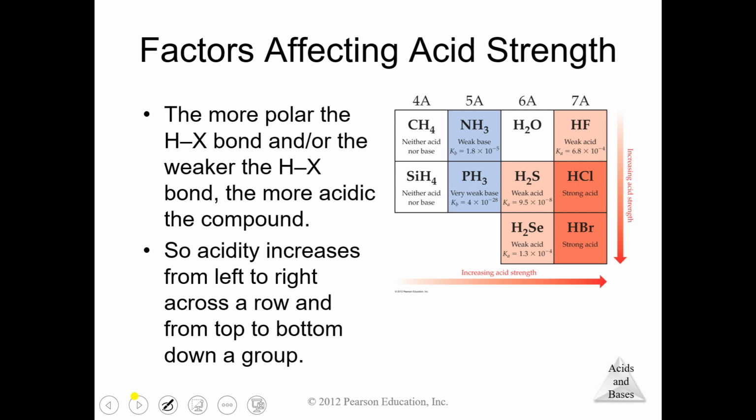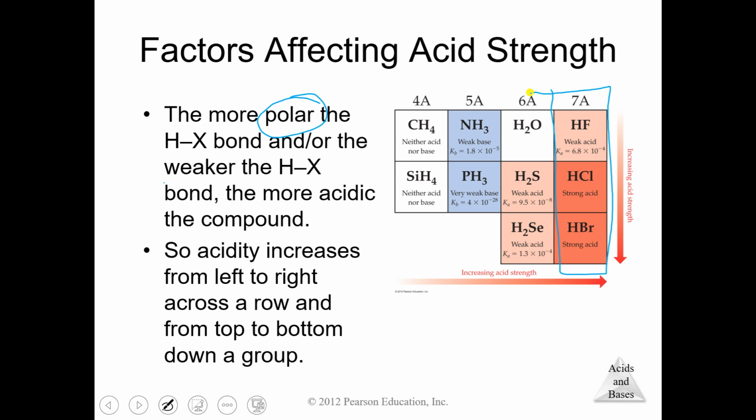And other factors that affect acid strength, you have to look at things like polarity. The more polar the hydrogen-halogen bond, or the weaker the bond, the more acidic.